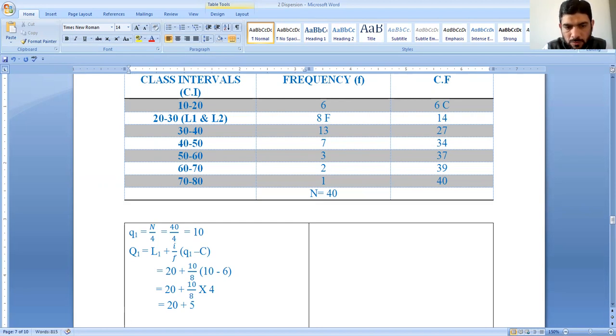Now Q1 comes to 25. In the same manner, we have to find Q3 in this series.